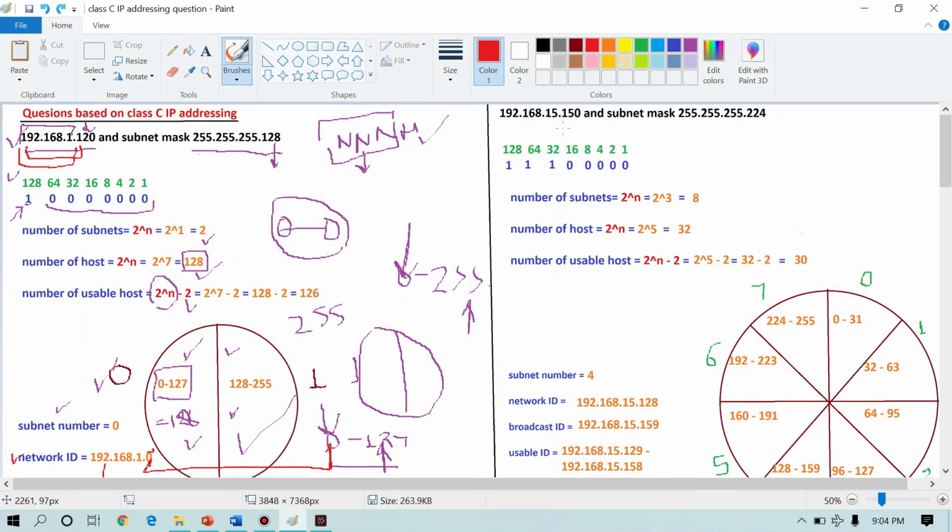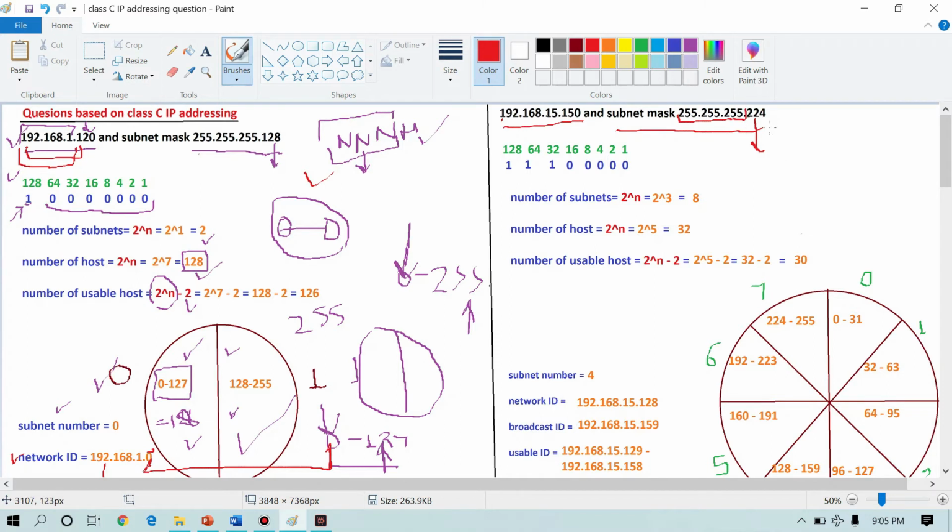Now let's move to the second question, which is 192.168.15.150 and the subnet mask is 255.255.255.224. As I have solved the previous question, similarly you can solve this question. Now pick this bit, because this IP is also a class C IP and we will not touch this particular network portion.